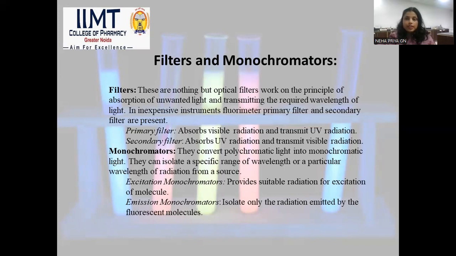So the thing to keep in mind in fluorimetry is that the instrumentation is at 90 degrees, and the emission monochromator will pass all the fluorescence radiation to the detector. The detector will detect it, and further it will be amplified, and the readout unit will read it.